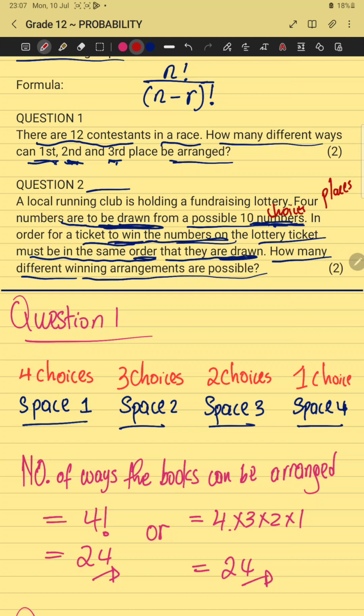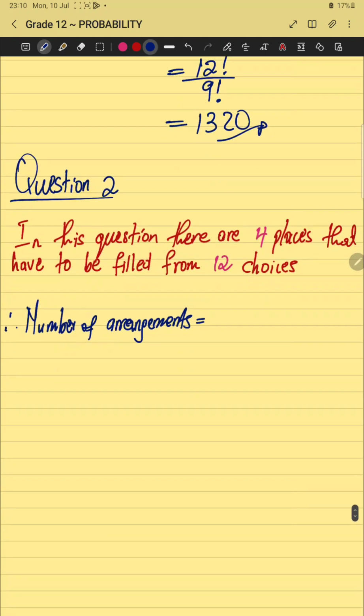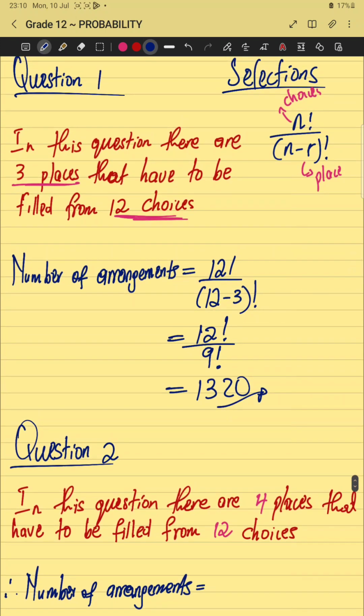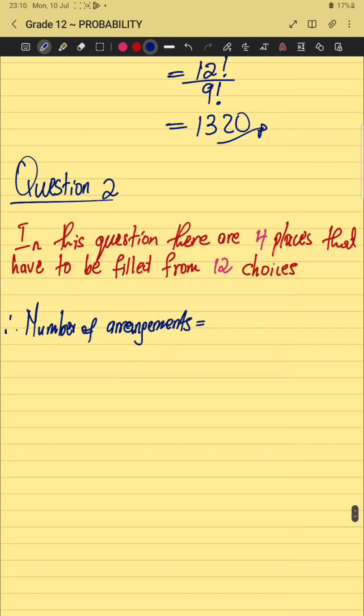So in the place of r, we're going to put 4, and in the place of n, we're going to put 10, because we've got 10 choices. Simple as that. We're going to do this question like we did the first question under selection, so 4 represents r and 10 represents n.